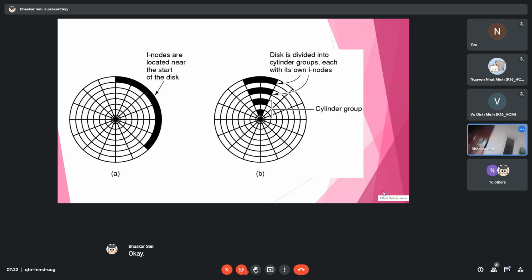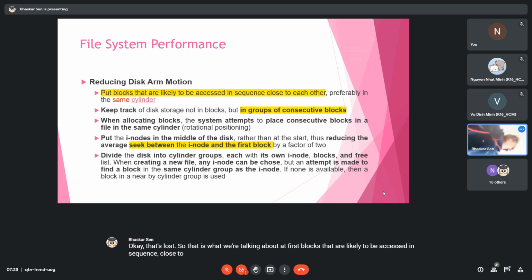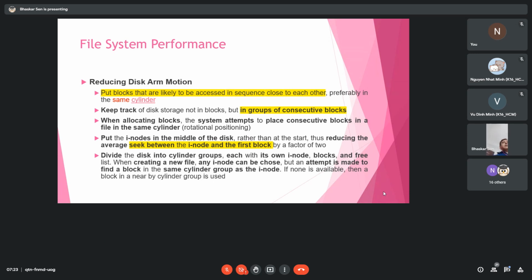Okay, at last. So that is what we're talking about. At first, blocks that are likely to be accessed in sequence should be close to each other. That is a logical solution. Preferably in the same cylinder.